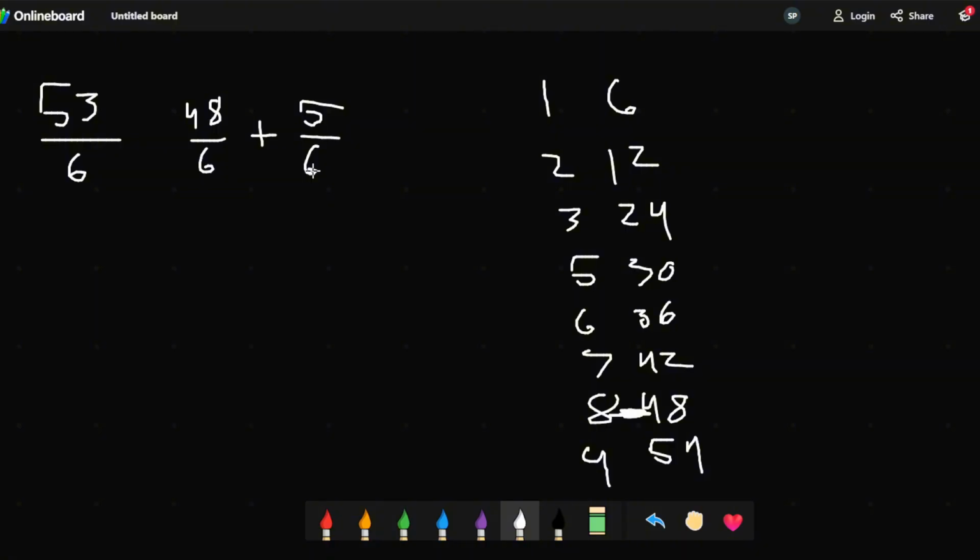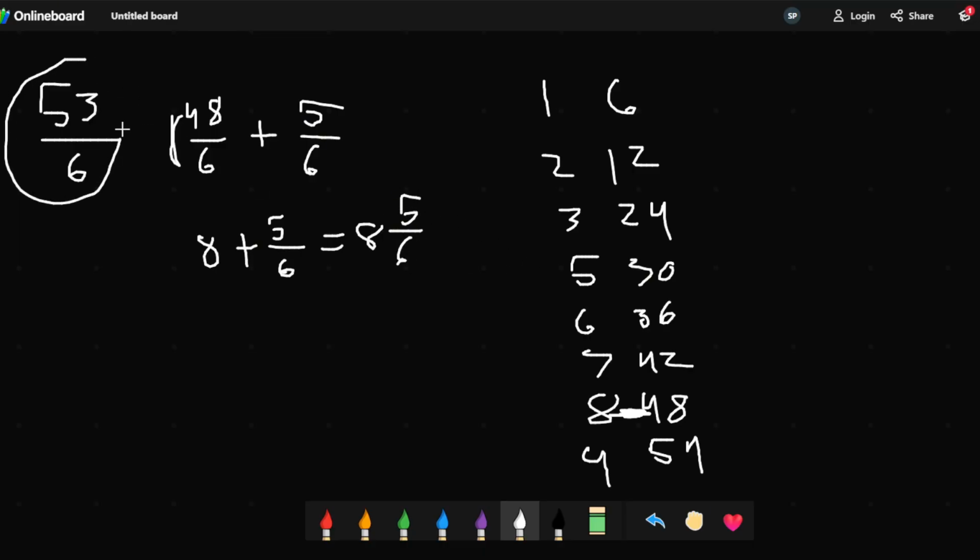And 5 plus 48 equals 53. So now that you have that, you're going to want to divide these two, which is 8, and then you're going to want to plus 5 sixths, which then equals 8 and 5 sixths, and boom, look at this problem that was right here. Look how fine it looks now. Look at this. So that's with even a bigger number.